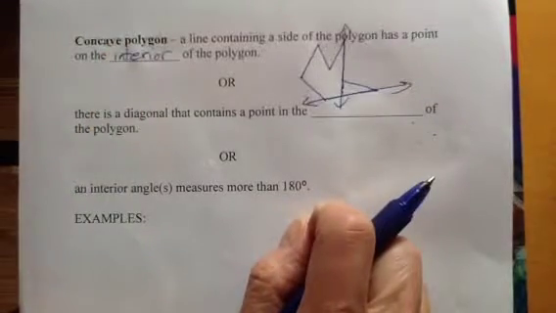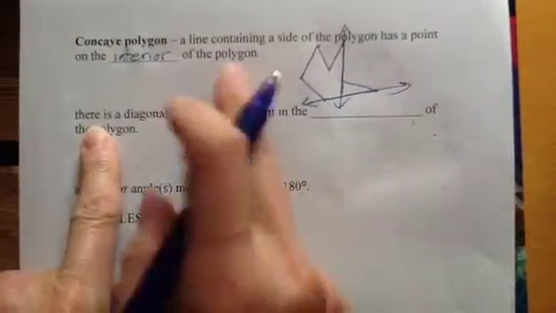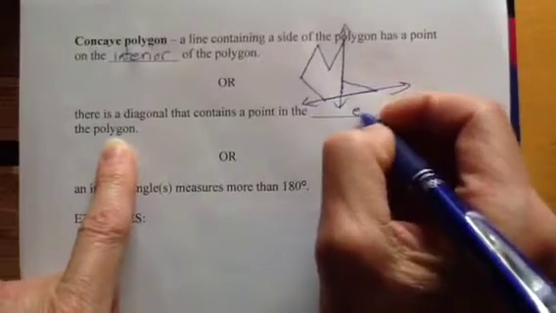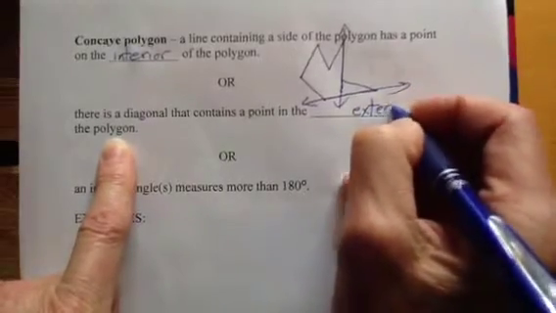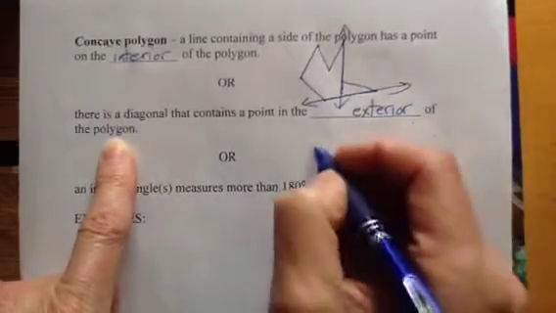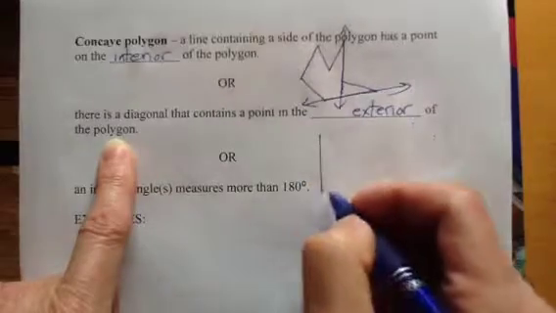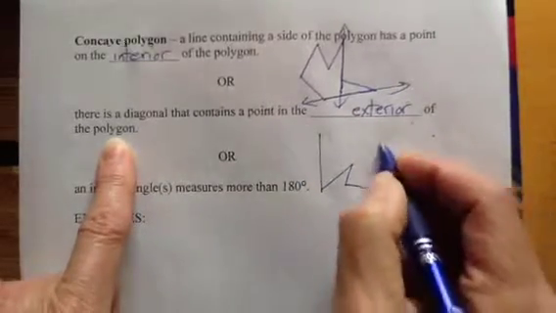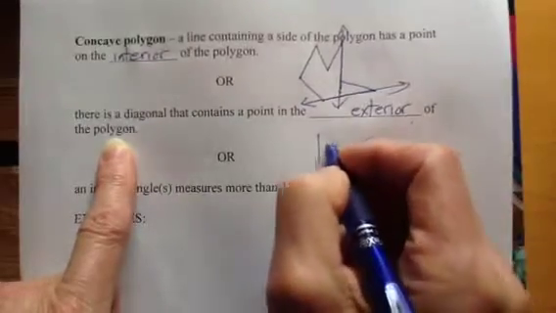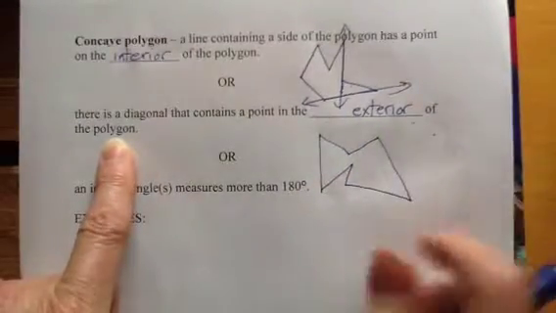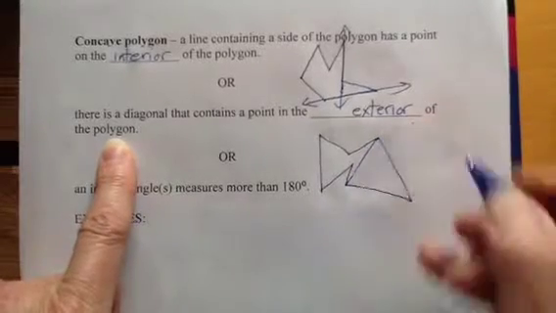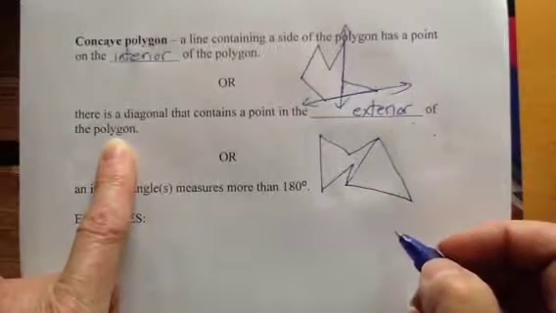Okay? The second equivalent definition, there is a diagonal that contains a point in the exterior. So, again, if I draw some kind of polygon and I draw this diagonal, it has no points in the exterior.